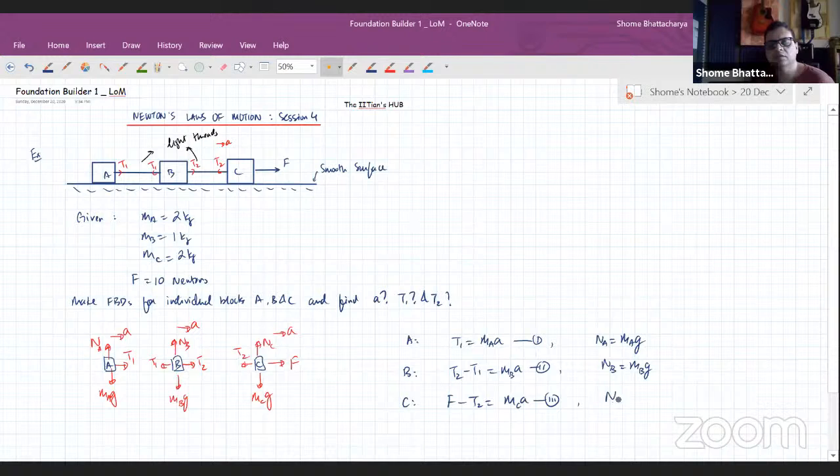That's equation 3, and as usual, normal reaction is balancing the weight. So now let us simply add the three equations. We'll get rid of T1 and T2, and we'll get F is equal to sum of mass into acceleration. So we'll get 10 newtons is equal to 5a. So the common magnitude of acceleration will come out to be 2 meters per second square.